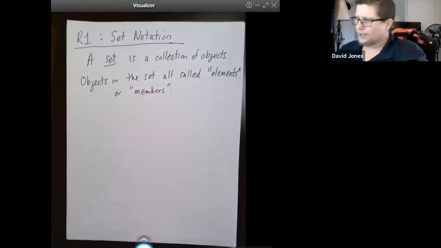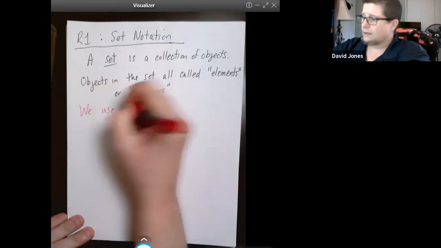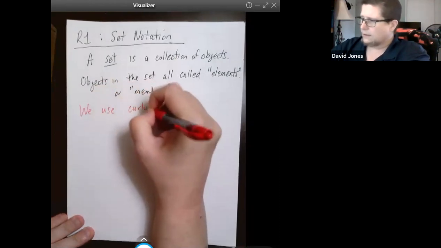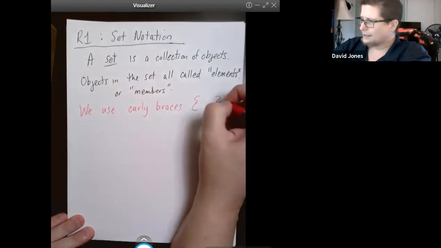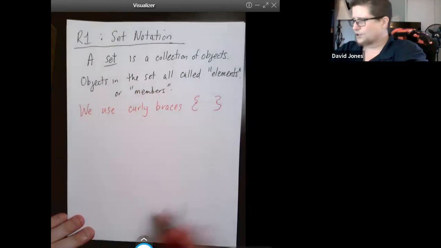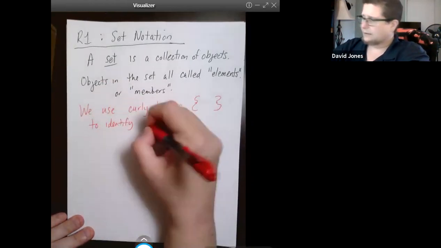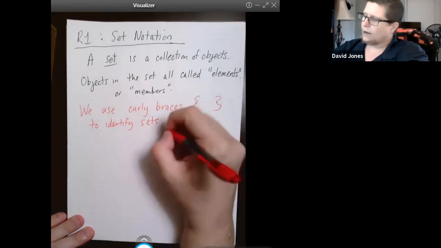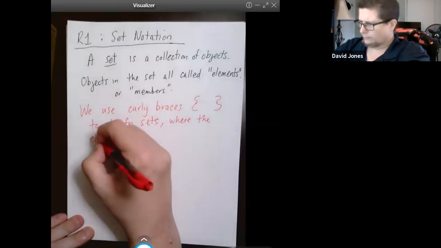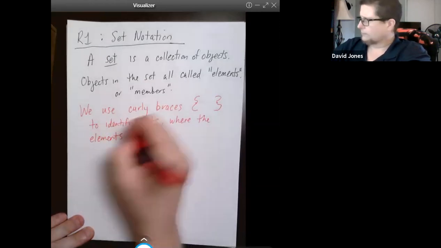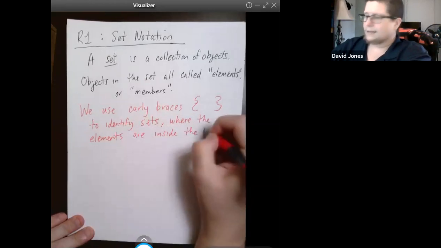And what we do is we use curly braces that look like that to identify our sets, where the elements are inside of it, inside the braces.